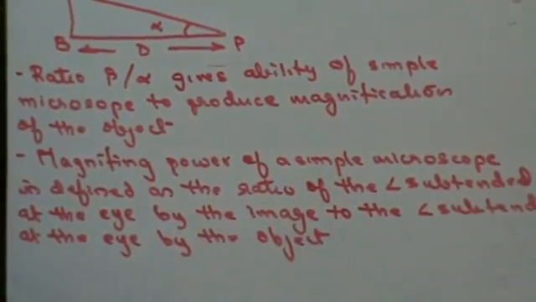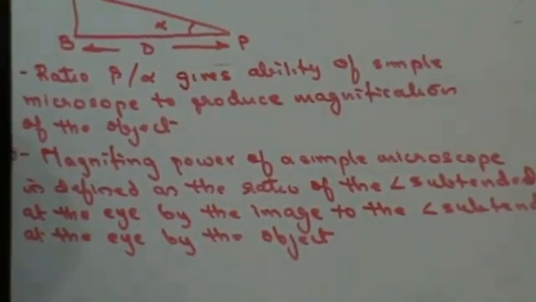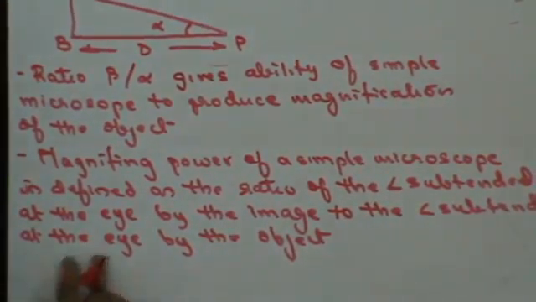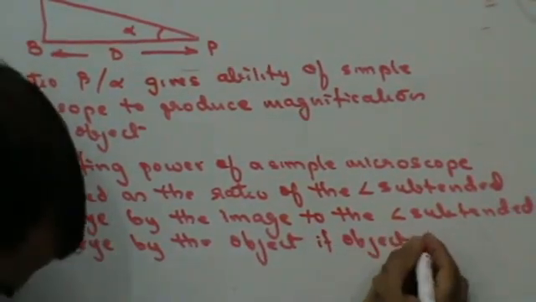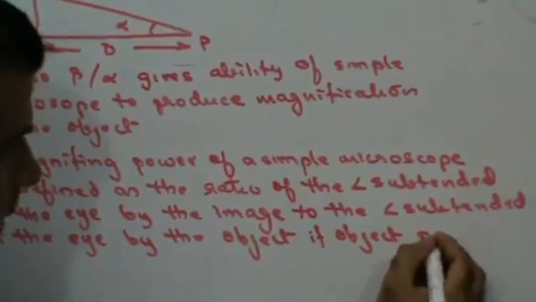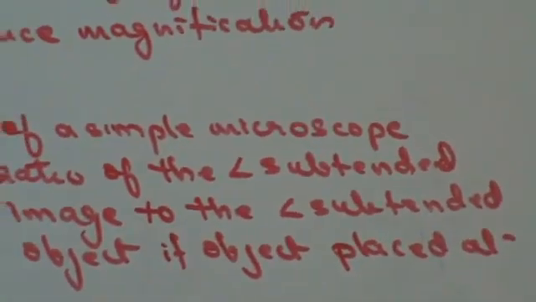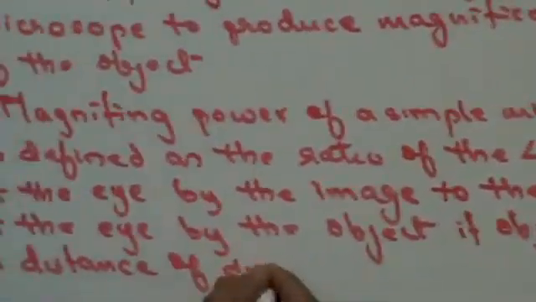So this beta upon alpha is called magnifying power, if the object is placed at the distance of distinct vision.